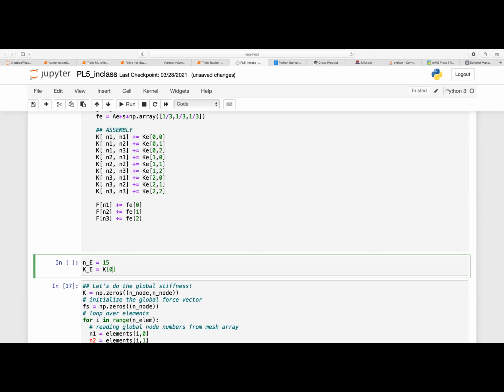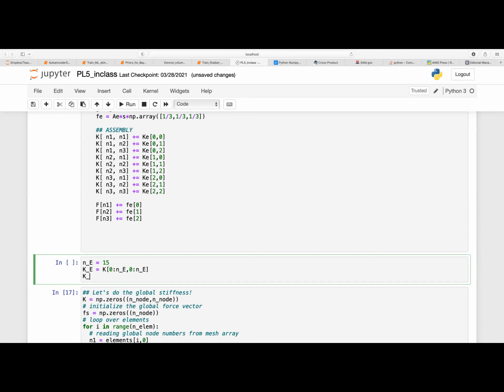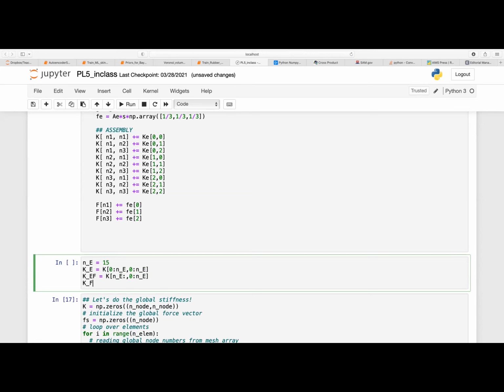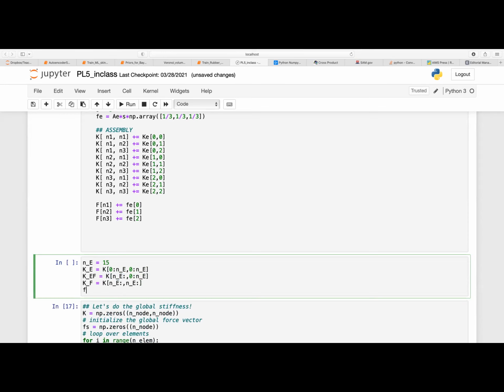This is just 0 to NE, 0 to NE, then KEF is just NE to the end, and then 0 to NE, and then KF is just NE to the end, NE to the end. And then FF is just F NE to the end.